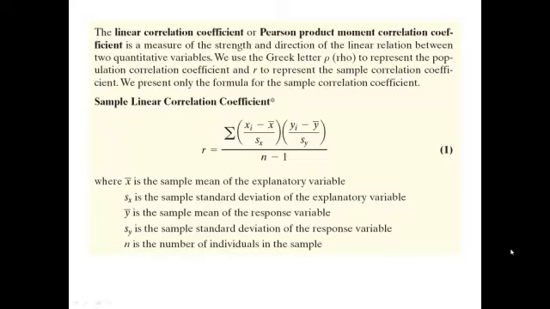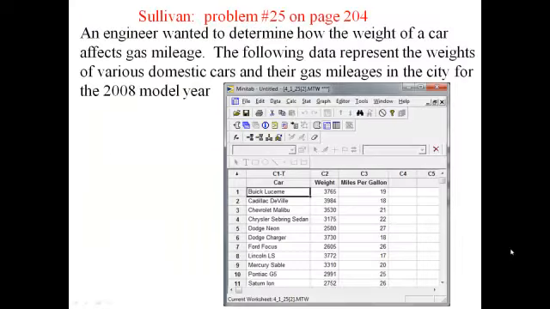So now let's take a look at a real data set so we can calculate the correlation coefficient. Now, if you recall, this is a data set that we were looking at in a previous video. This is from problem number 25 on page 204 of your Sullivan text.